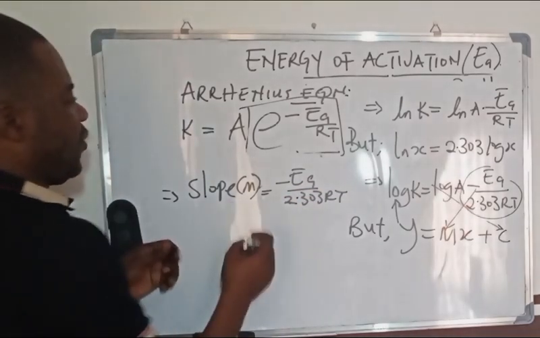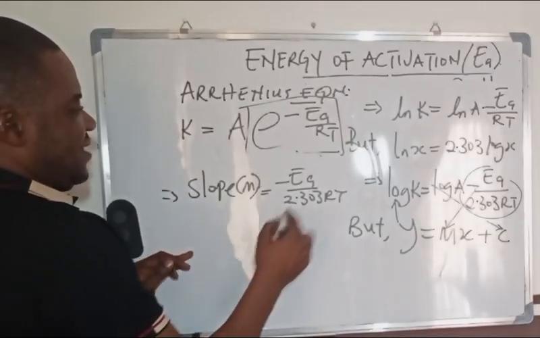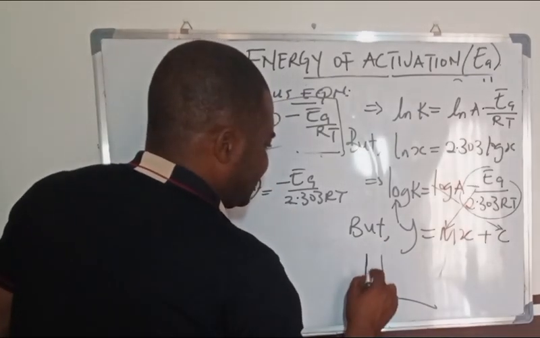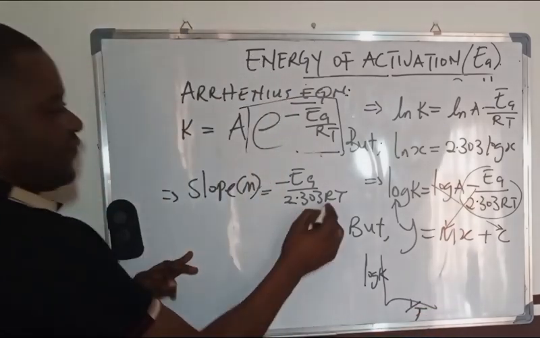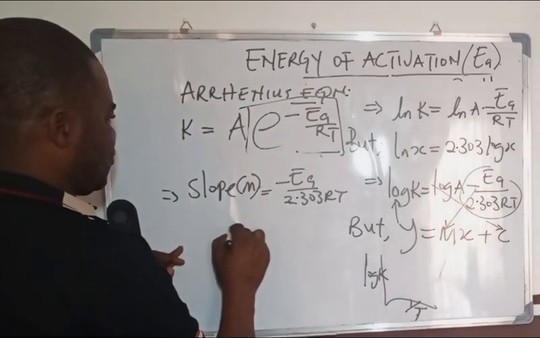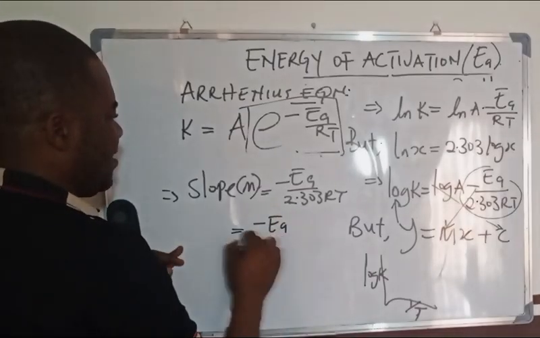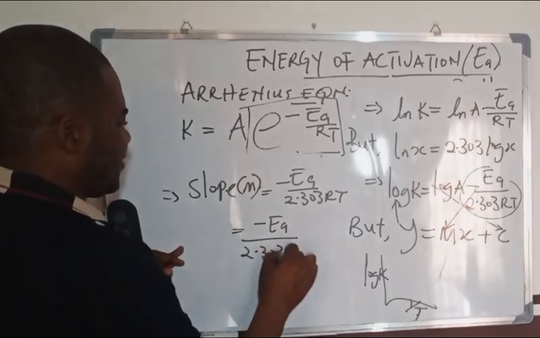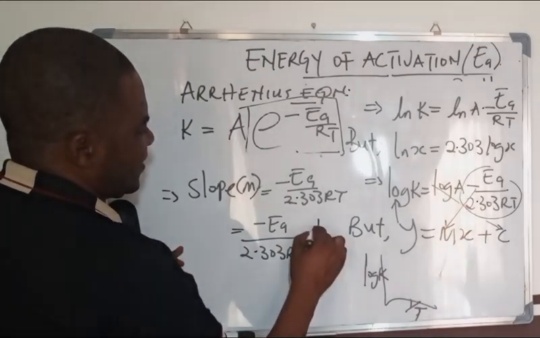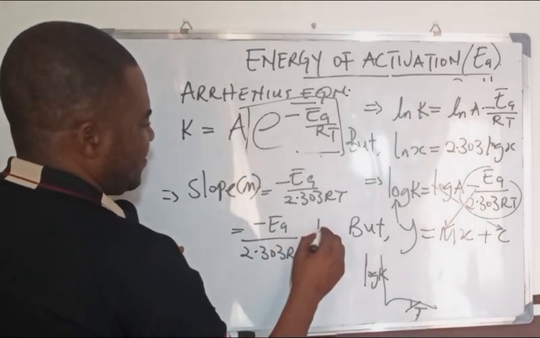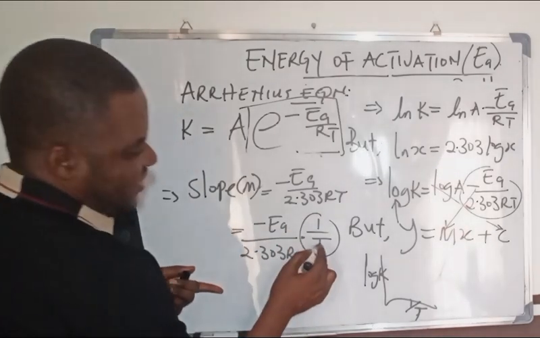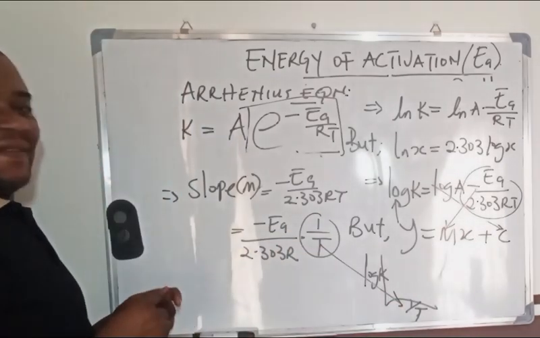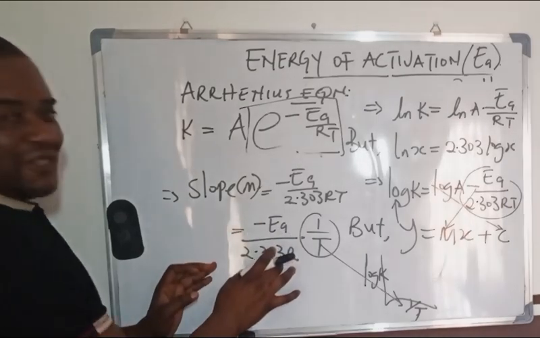But since the graph was plotted against log k and 1 over T, we have to remove the T. So this can also be written as minus EA all over 2.303 R times 1 over T. So this 1 over T is this plot that we have here, so this becomes our slope.